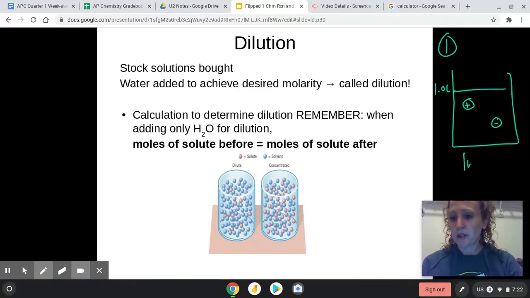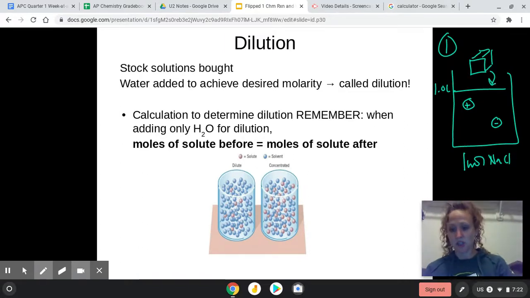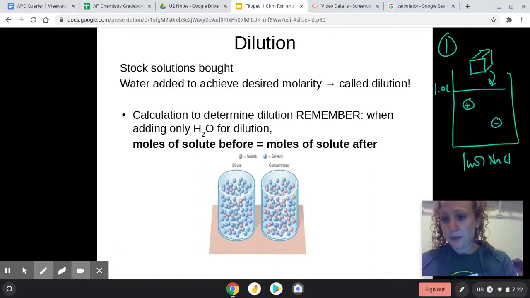We have 1 mole of NaCl. If we put more NaCl into our solution, obviously that's going to change the concentration in our solution, right? Let's say we put 1 more mole of NaCl into our solution.